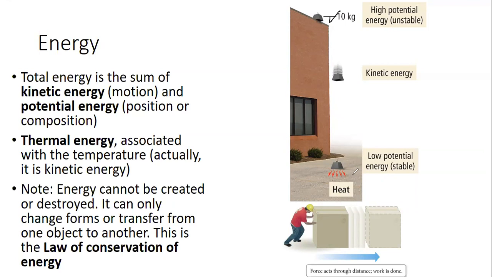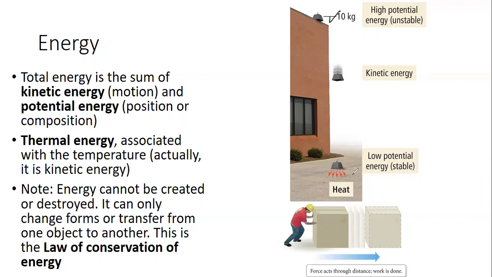It's a set number, and you can't increase it and you can't decrease it. You just can change the form it's in, and that's being shown on the right with the weight. At the very top of the building, it's all in potential energy. That energy is stored.